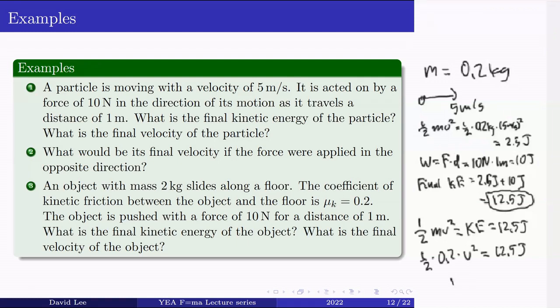And we will get that v is equal to 5√5 meters per second, or approximately 11.2 meters per second. And that's our final velocity. So now I hope you will have some idea on how you would approach question 2 and also question 3.